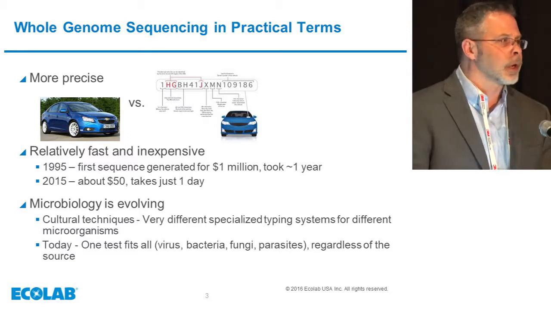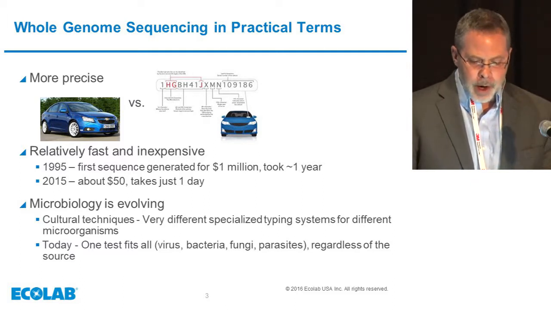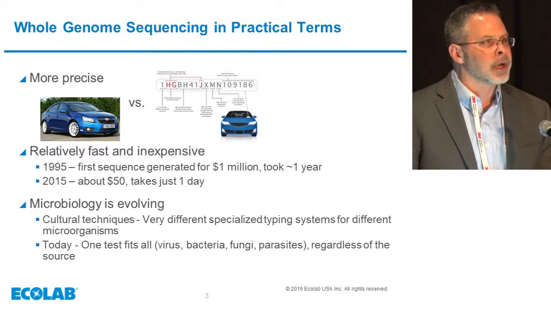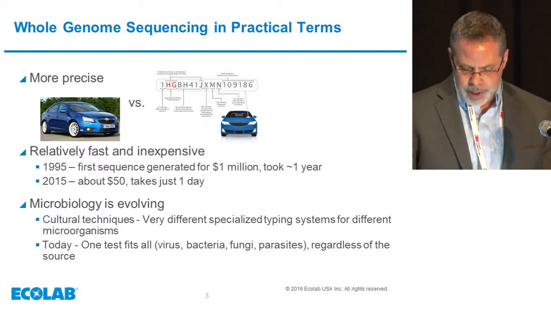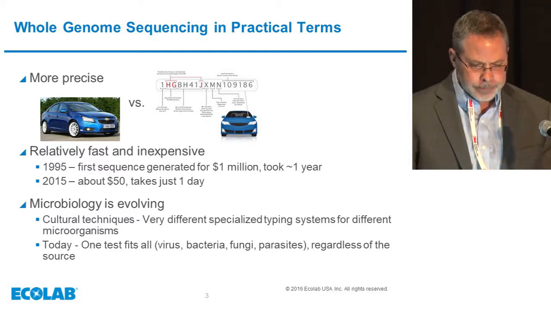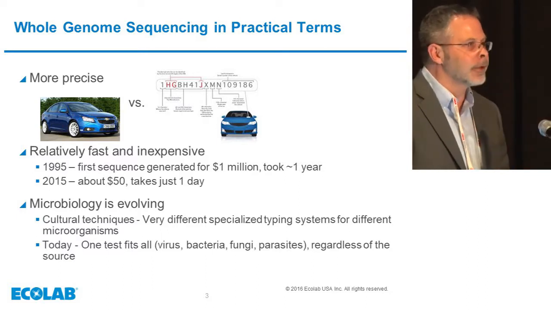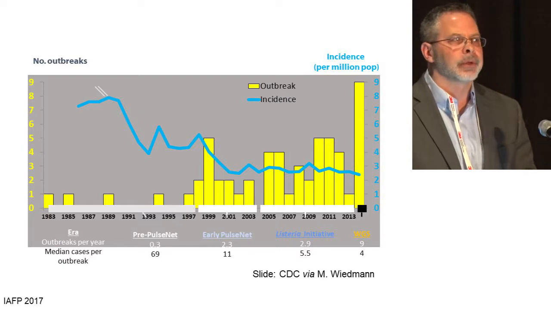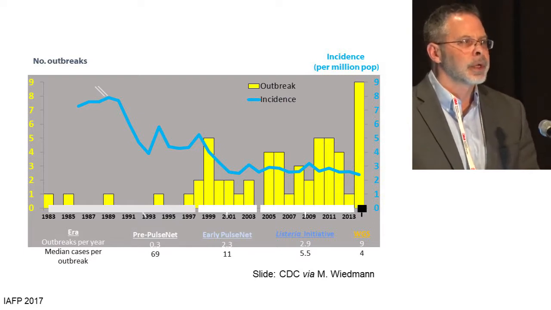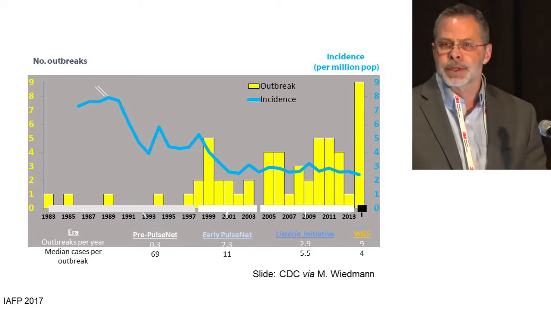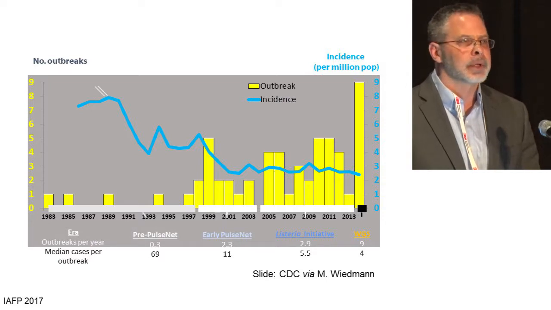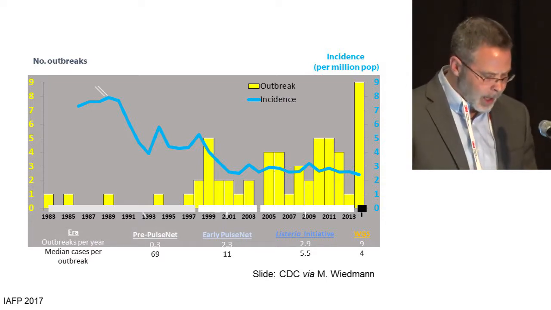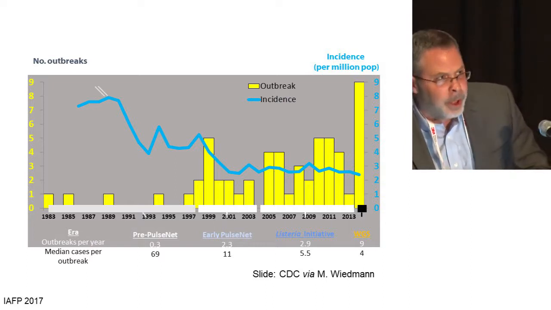We also have changes in cultural techniques that are allowing us to identify, like I said, lower numbers of bacteria, but also multiple types in single analyses. The net is that we're seeing with more precision outbreaks that we didn't see before. What was seen as sporadic cases of listeriosis up until recently now are being identified as outbreaks, even though those are outbreaks with maybe only a few cases.